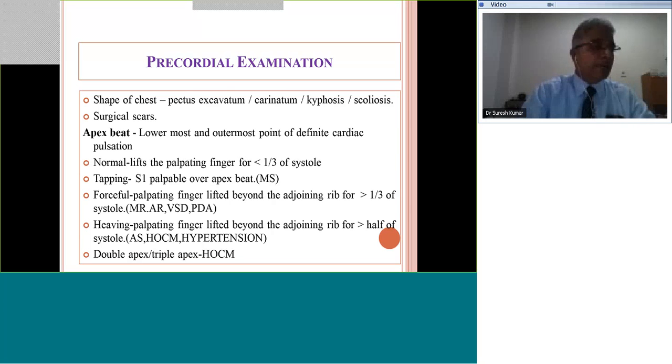It can be heaving when the palpating finger is lifted beyond the adjoining ribs for more than half of systole. So you feel the sustained lift of the hand. And you also describe double apex or triple apex in hypertrophic obstructive cardiomyopathy.